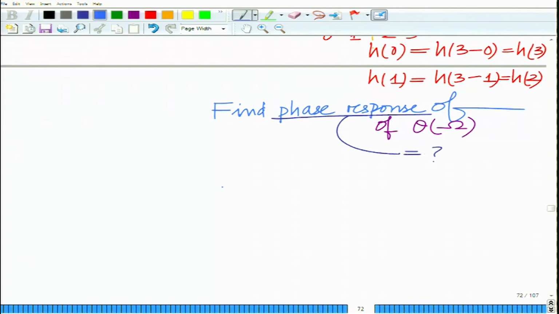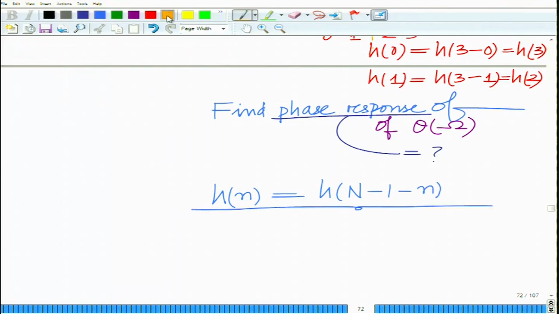Now, observe this property h[n] equals h[N minus 1 minus n]. From this property what you can see is, if you flip it about 0, and if you delay it by N minus 1, alright, if you consider the mirror image about 0 and delay it by N minus 1, then you get again the same filter, okay.